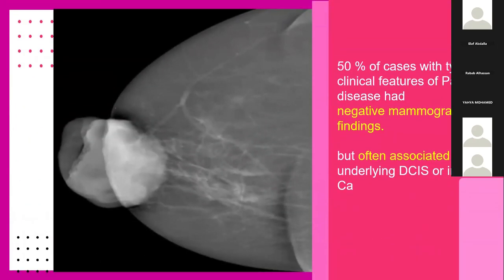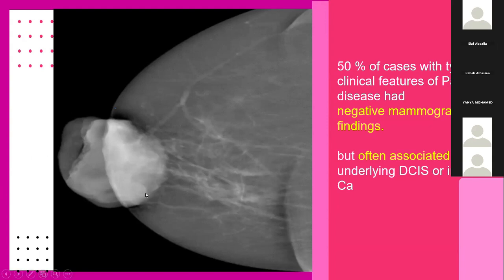In this case, you can see very obviously a fungating mass related to the nipple, enlarged and ulcerated. So there is a possibility of Paget disease, and they sent the patient for breast imaging evaluation to exclude underlying invasive cancer or DCIS.